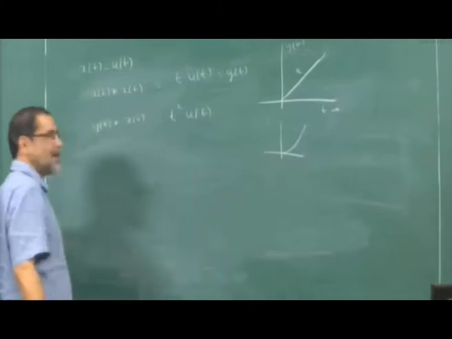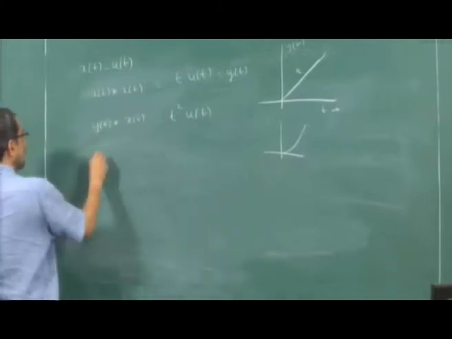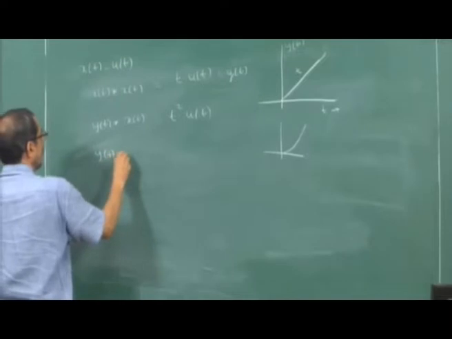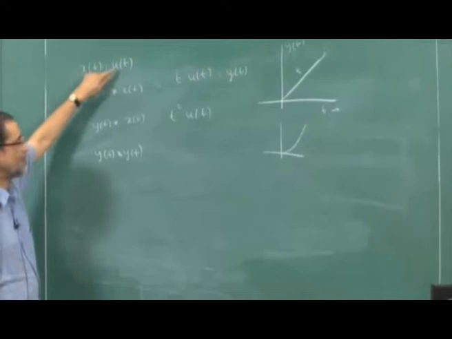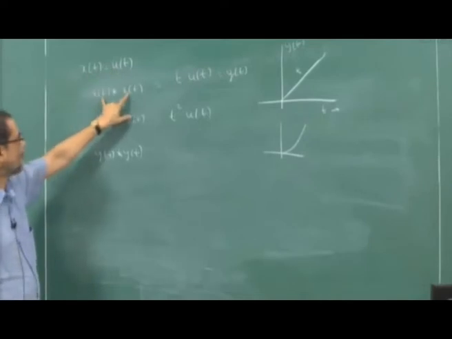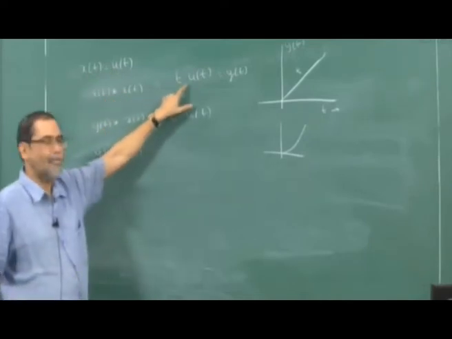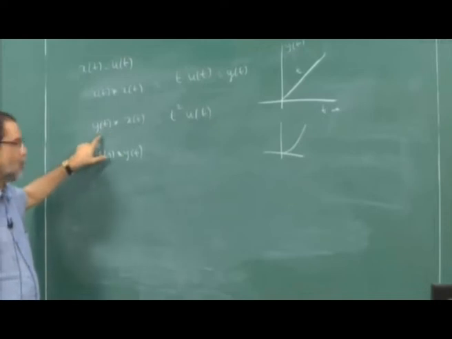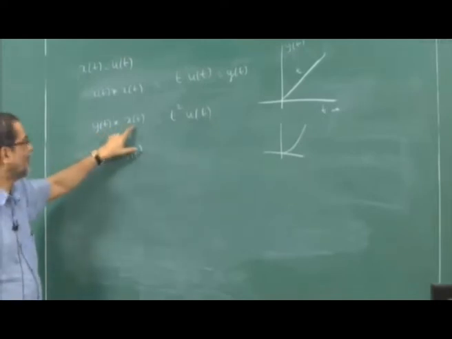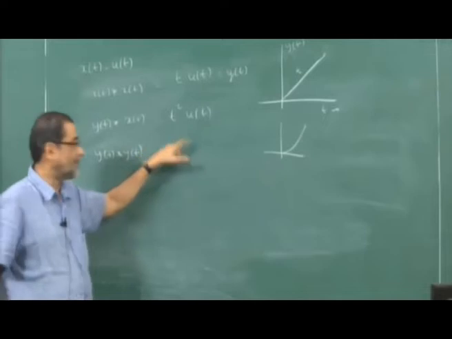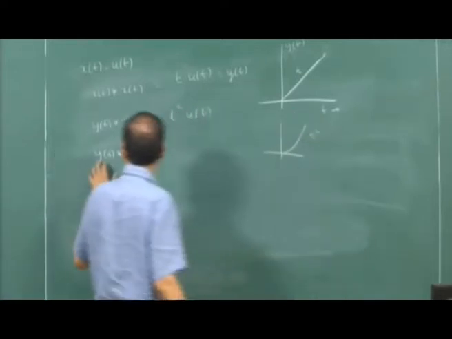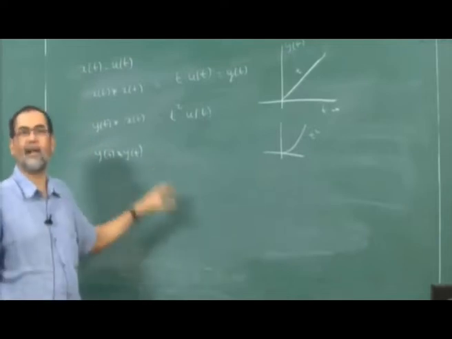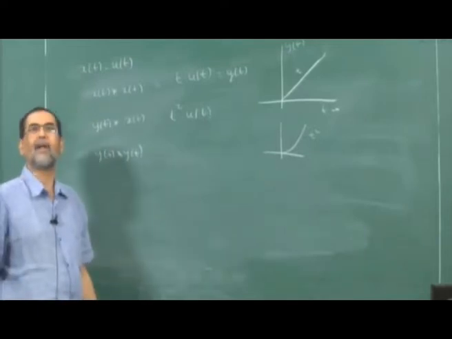The question asked here is, what happens if y of t convolves with another y of t? So remember, x of t I defined as unit step. I convolve x of t with itself, you get a ramp. You convolve the output, that is ramp, with unit step, you get t square, a paraboloid function. So if you convolve a ramp with another ramp, what happens?